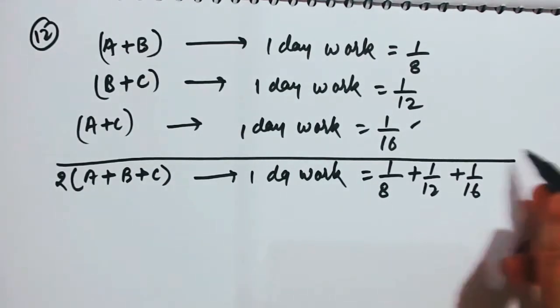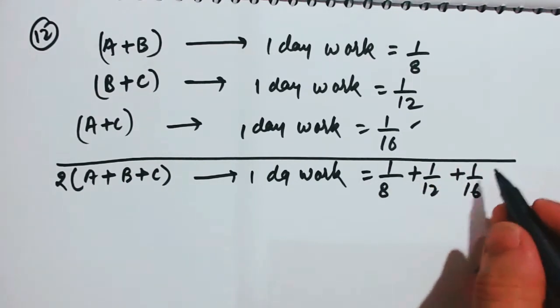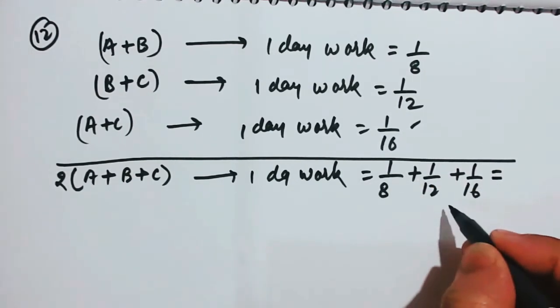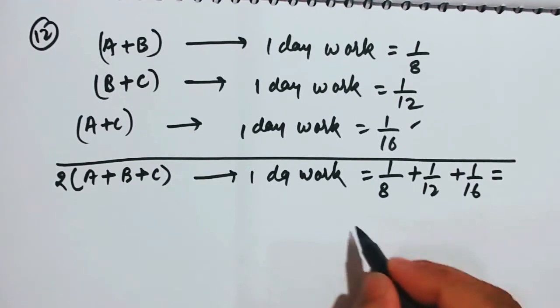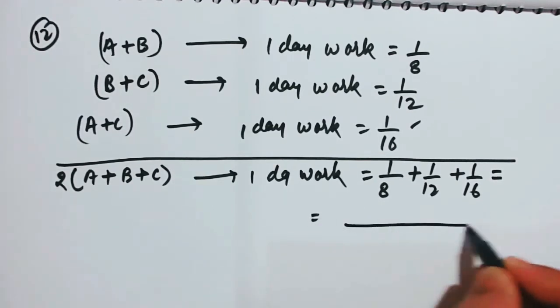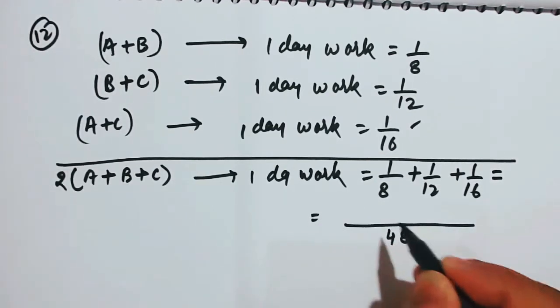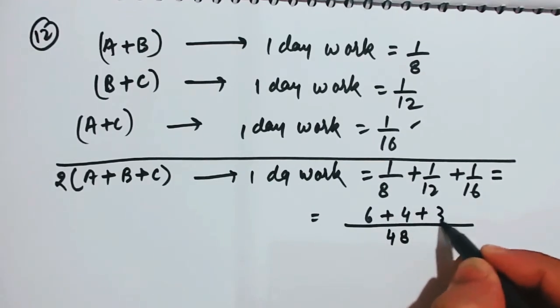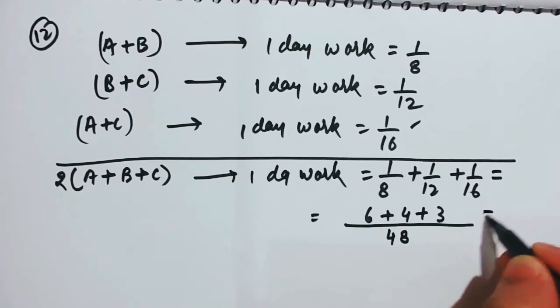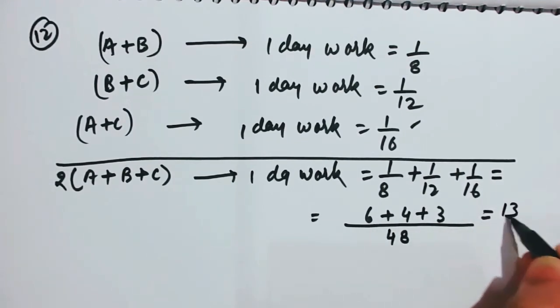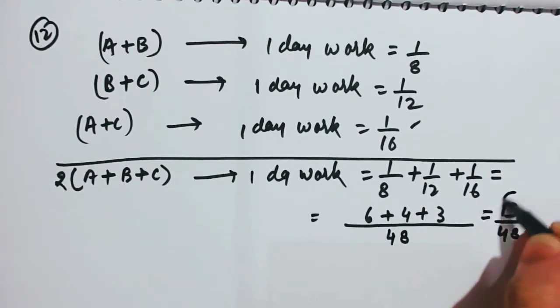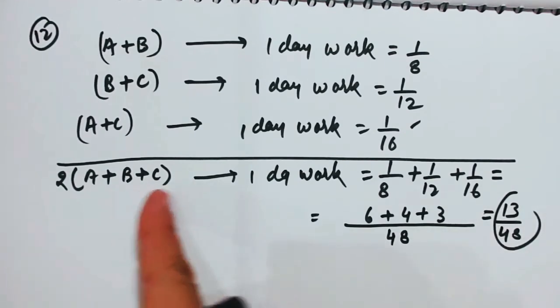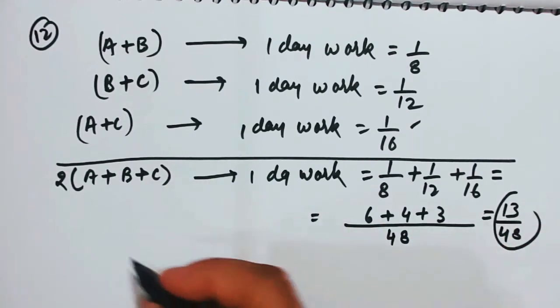Okay, so when you solve this, what will you get? You will get the LCM. Let us just solve it here. LCM is equal to 48. So 6 plus 4 plus 3, which will give you 13 by 48. So twice A plus B plus C is 13 by 48.